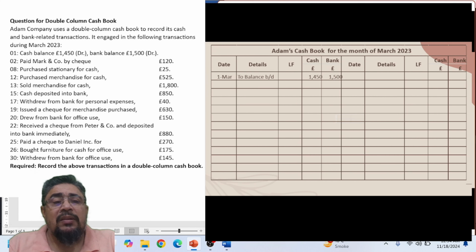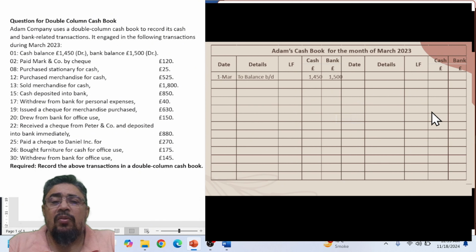On the next date, 2nd March, paid Mark and Company by check. So now on 2nd March we are paying by check to Mark and Company. Whenever we pay by bank, by check, it is always on the credit side in the bank column.